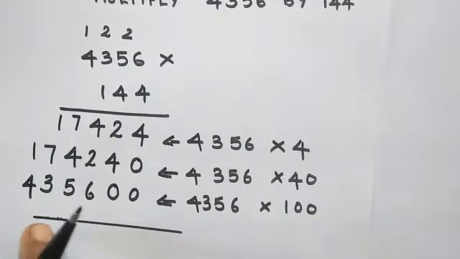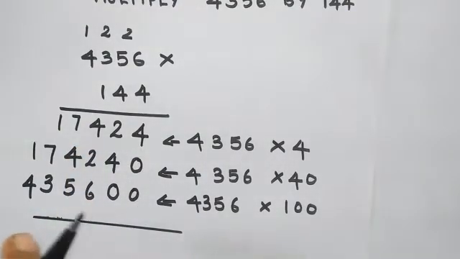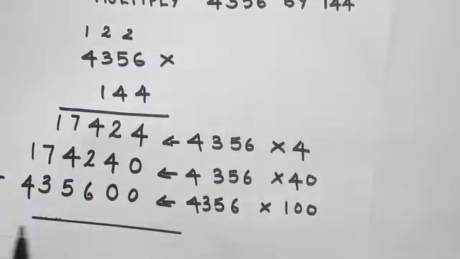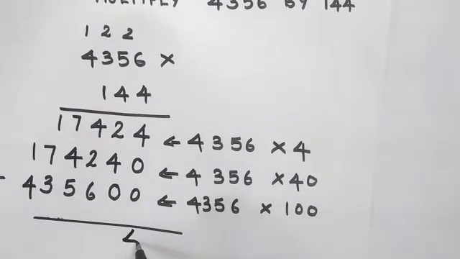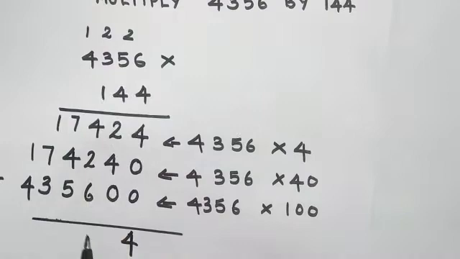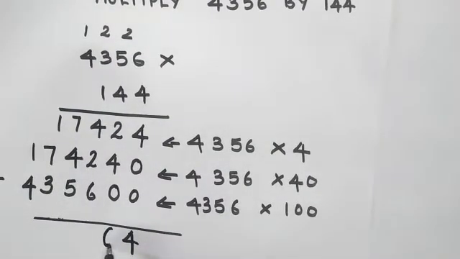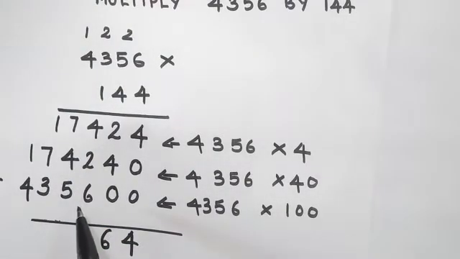At last we want to add these 3 numbers. We have to add these 3 numbers. Then we can add here. Okay. 4 plus 0 plus 0, 4. 2 plus 4, 6 plus 0, 6. 4 plus 2, 6 plus 6.